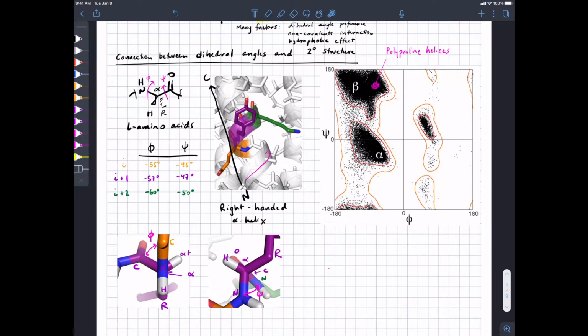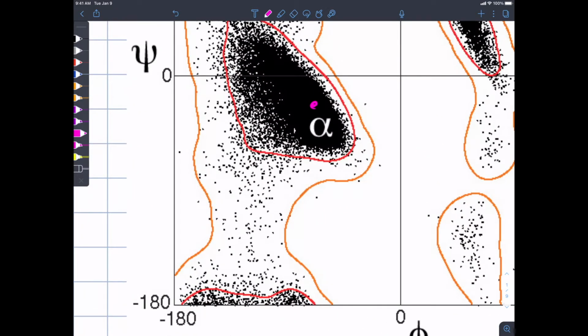You have more examples where phi is negative than where phi is positive. There are some examples here, but just as a point here represents alpha helical secondary structure because you have phi-psi values of around minus 57 and minus 47.